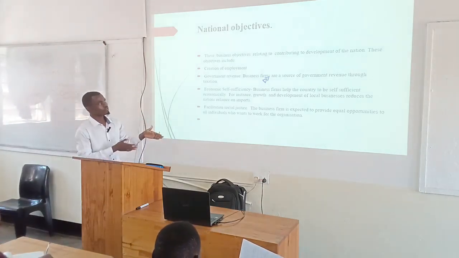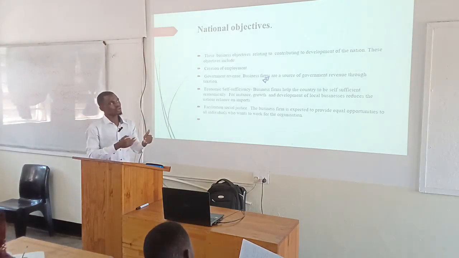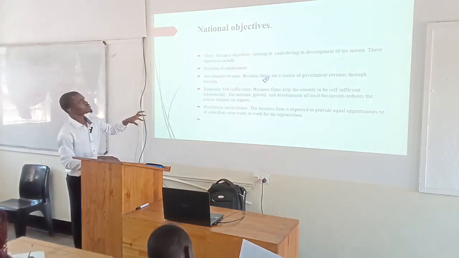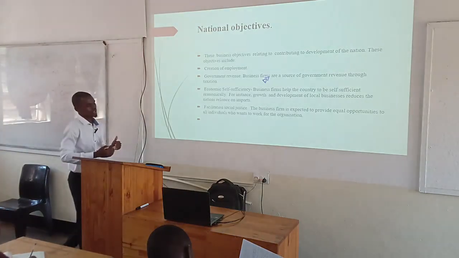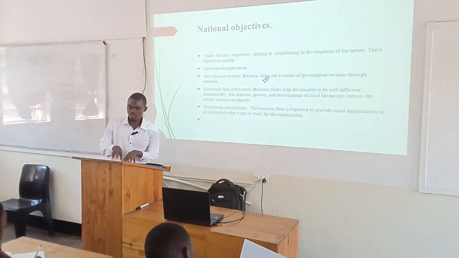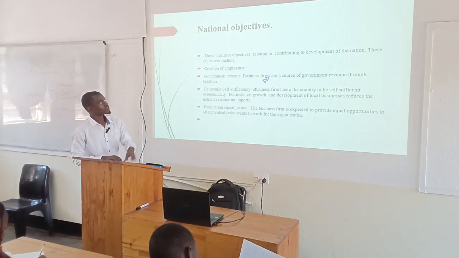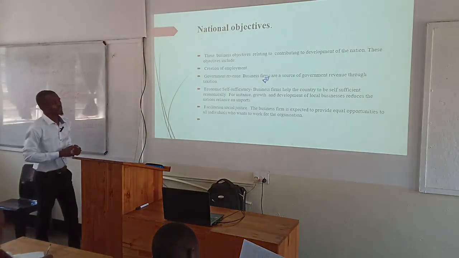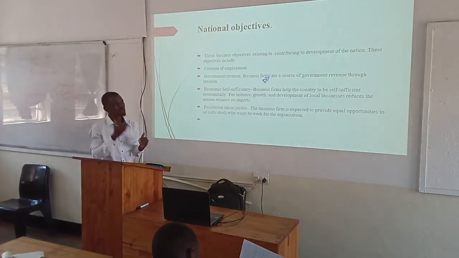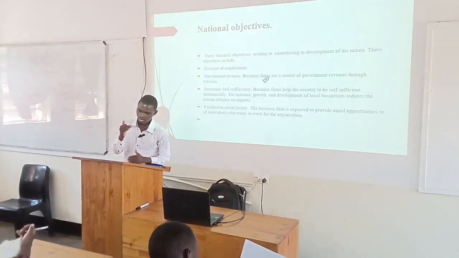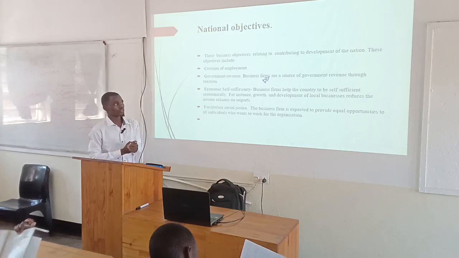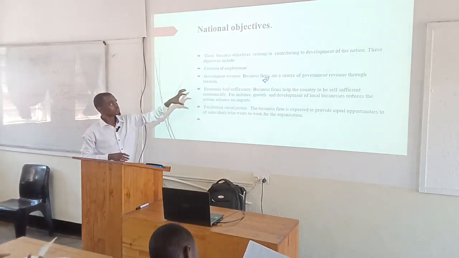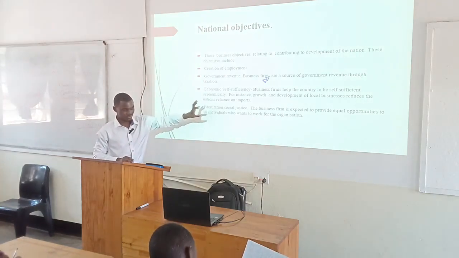So now the government becomes an important stakeholder within each and every business. So as a business, it also has to have objectives of contributing towards the development of the nation. All the objectives within the national objectives of an organization are aimed at contributing towards the growth and development of the country in which the organization is based. So these are some of these objectives.